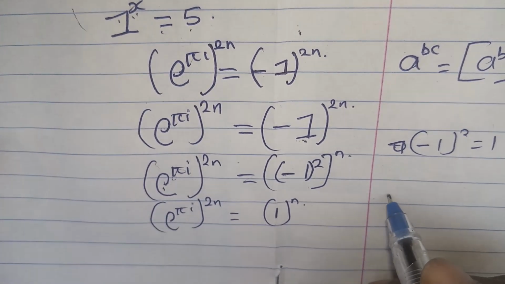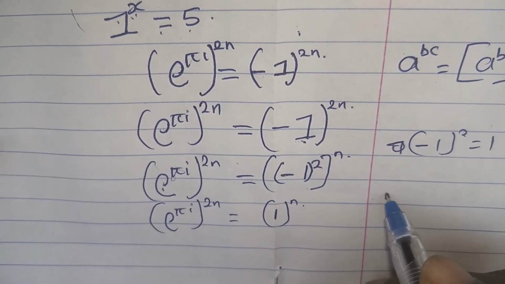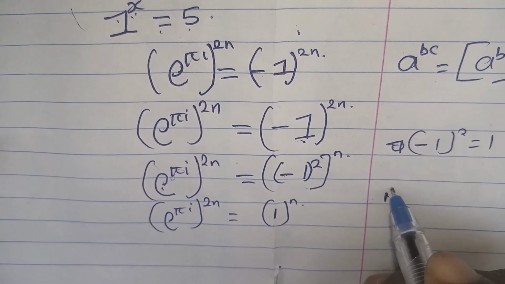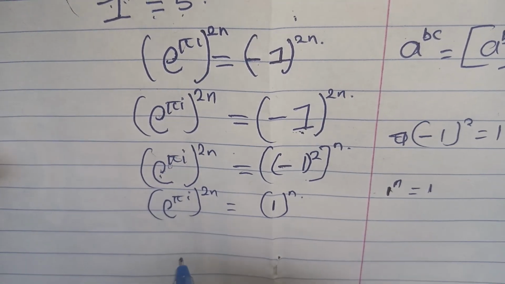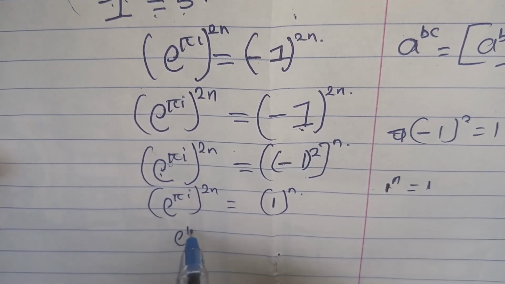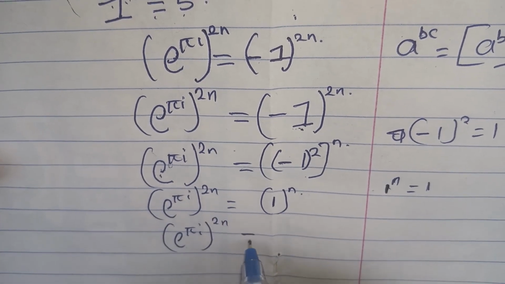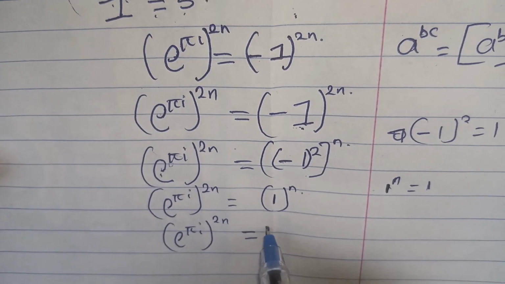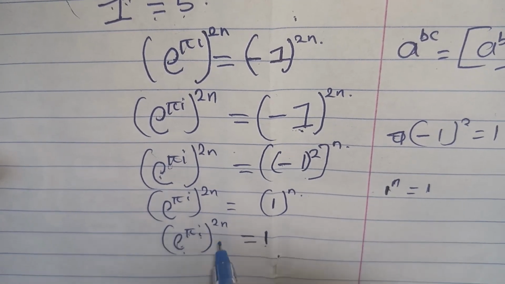Recall 1 to the power of n is also equal to 1. So from here we're having (e to the power of pi i) to the power of 2n is equal to 1. So our 1 is equal to (e to the power of pi i) to the power of 2n.